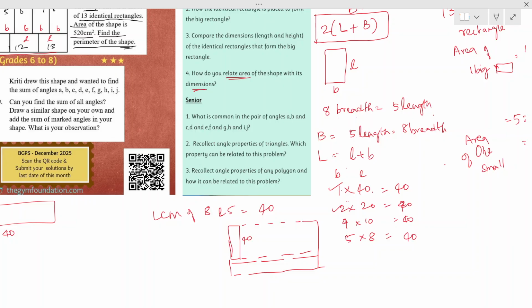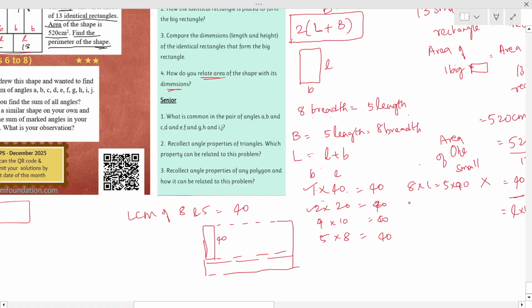So is 8 times 1 actually 5 times 40? No, this is wrong. Let's go to the next one. Is 8 times 2 actually 5 times 20? No. Next comes the third one. So this will not work again. 8 times 4, is it actually 5 times 10? No. So this will also not work.